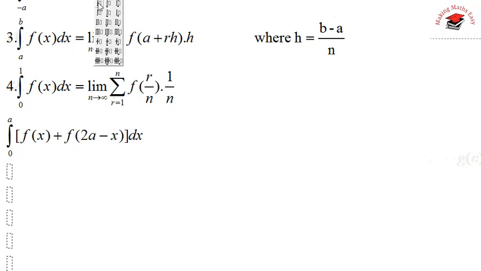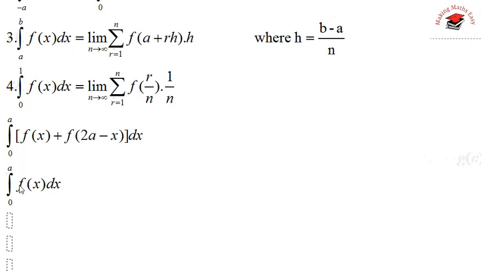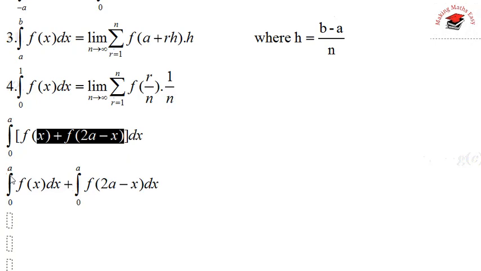So we will write here the integration of a to 0 of f of x dx, plus the integration of a to 0 of f of 2a minus x dx. So we have used the property of associativity of definite integral. According to the property, we have taken the individual integration of both the terms.